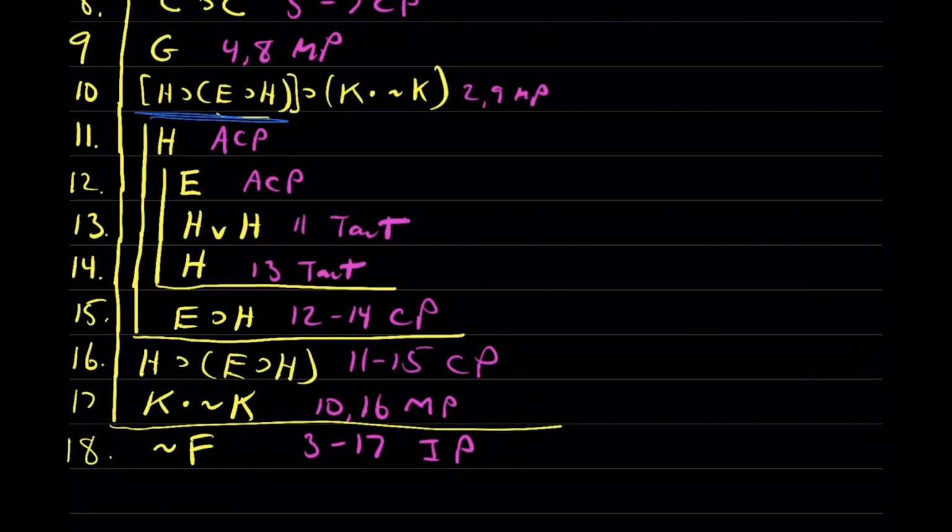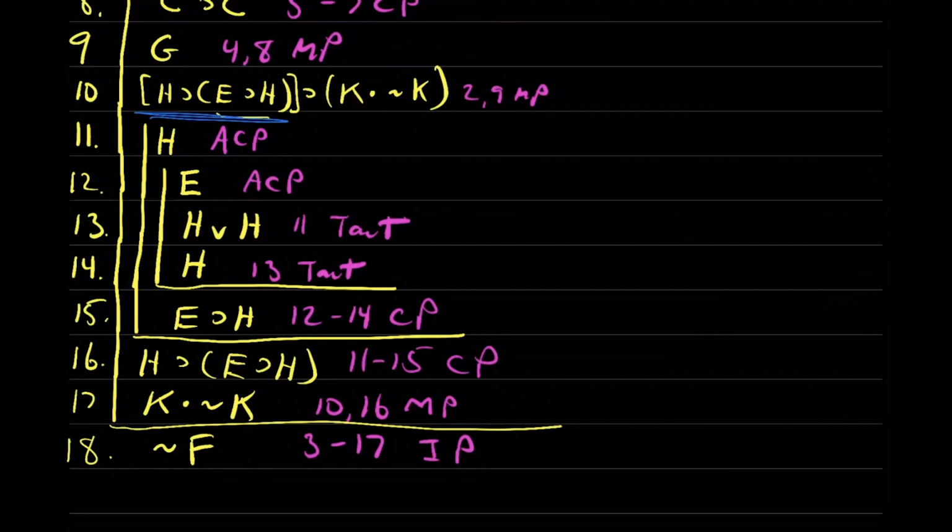Again, very important to keep in mind that once you've closed off a sequence, you can no longer refer to the lines that make up that indented sequence. So on lines 12 through 14, I just proved E implies H on line 15, but I can no longer refer to lines 12 through 14 anywhere else in the proof. Once I've closed off the conditional sequence that ends on line 16, right?